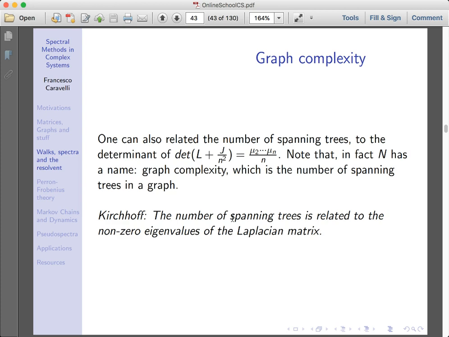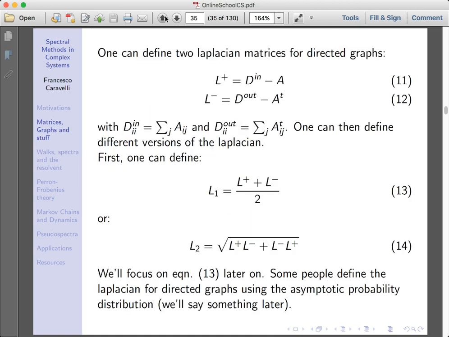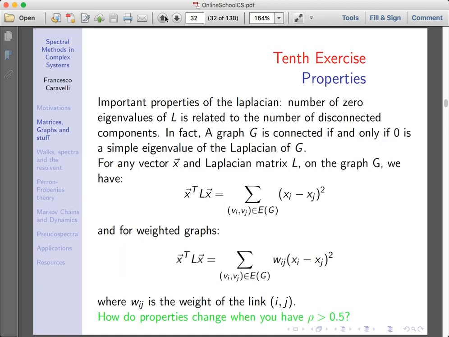The reason is that if the graph is connected, then the Laplacian always has one 0 eigenvalue. And you can see this from a formula that we probably had before. In fact, from this formula, if you set x equal to 1 everywhere, then this formula is equal to 0.